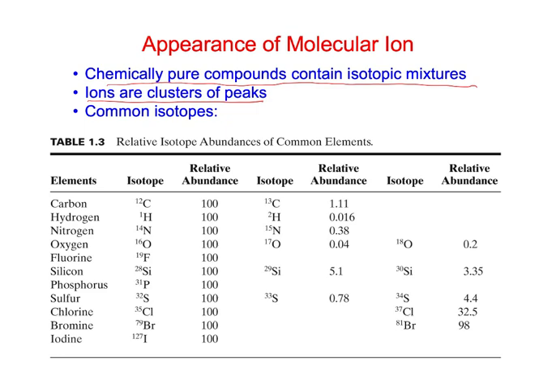Okay? The common isotopes for organic chemistry are shown here, and some have very characteristic isotope patterns, right? So, for example, carbon, we know that carbon-12 is the most abundant. So here all the most abundant isotopes are set at 100%, okay?